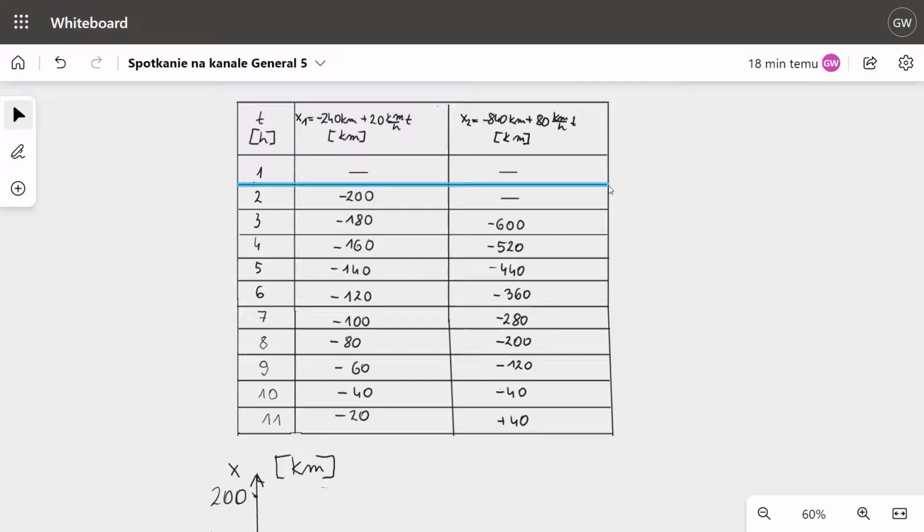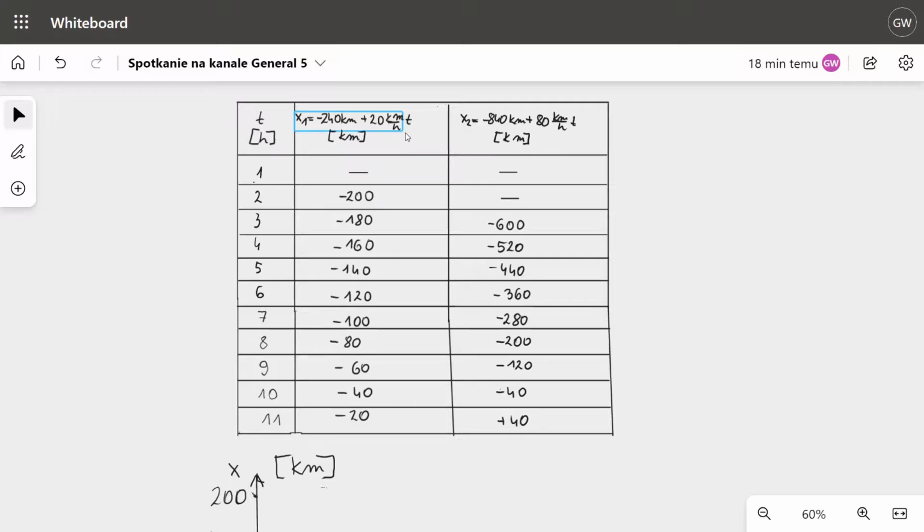Now we can solve this task graphically. In this table, we will calculate coordinates of position for both cars. We can put time into the equations of motion here and here. But we know that the first car at 2 o'clock was in city A, so its coordinate of position equaled minus 200 kilometers.